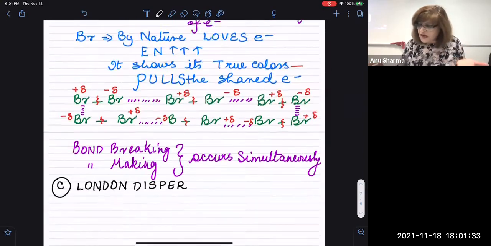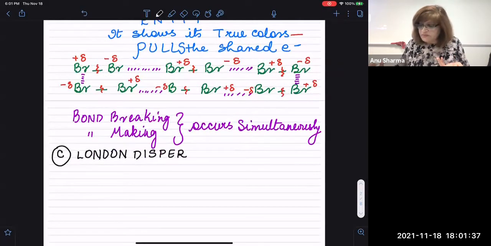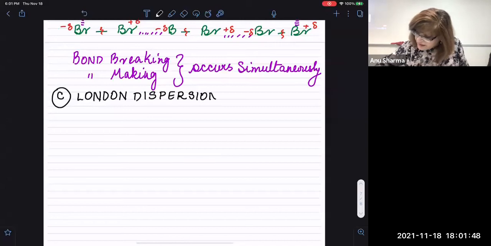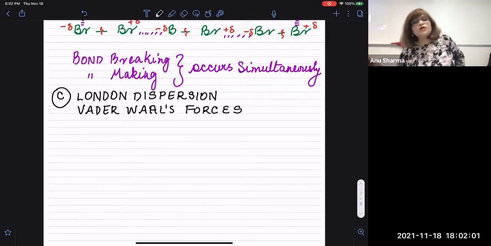That's the only difference. In dispersion alone, bonds break and the bonds are made. But in London dispersion, the electron cloud is just spread out, like you spread out butter on a bread. So London dispersion, and these are also called van der Waals forces. Van der Waals forces. Okay, van der Waals forces. All right.